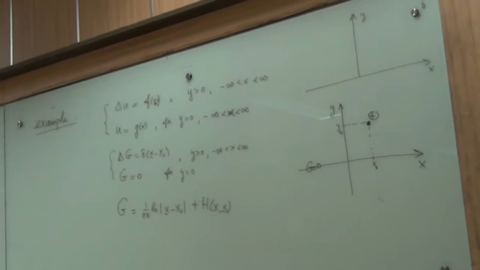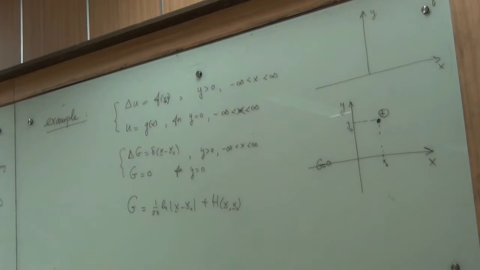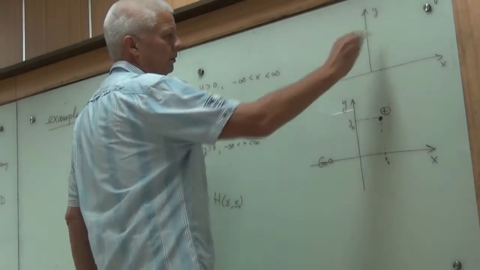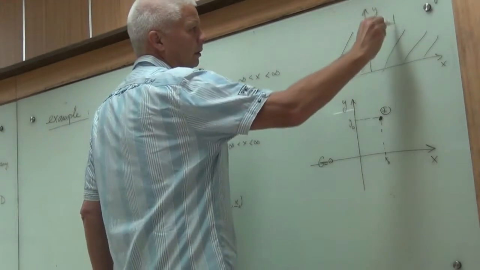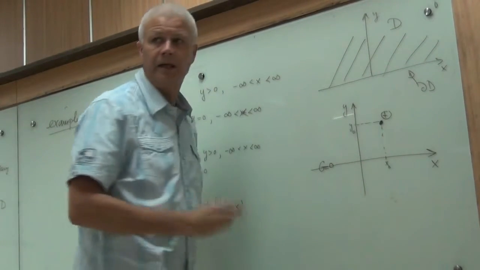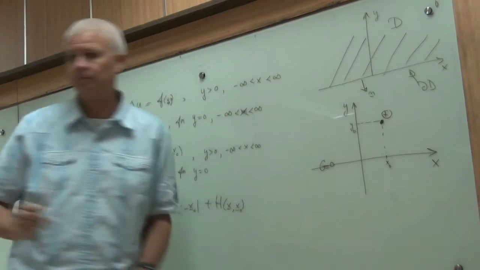Yeah, I know that this is the structure. And my domain D, of course, in this case is this. This is D, and that's the boundary of D. And if I needed, the normal vector on D is just this.